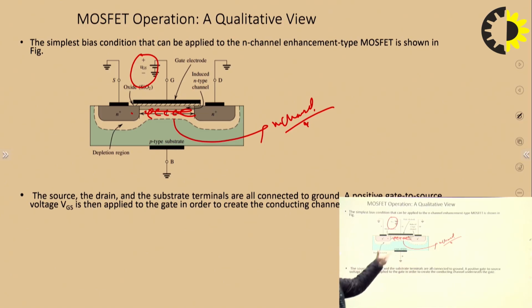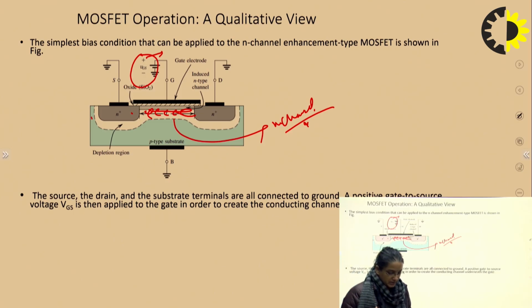Similarly, here, due to the applied voltage VGS, the depletion region is created between the P type and N type. So the depletion region exists when the biasing voltage VGS is applied, that is, a positive VGS results in the formation of a depletion region.